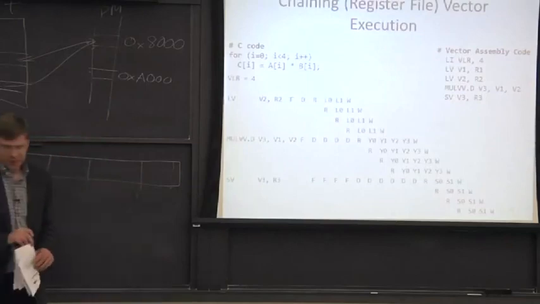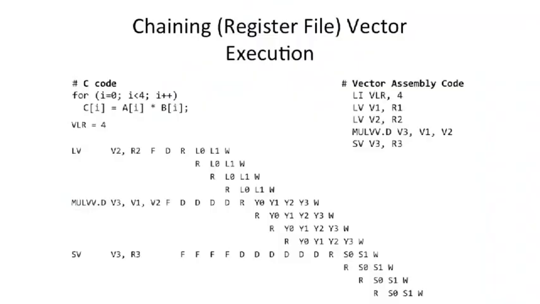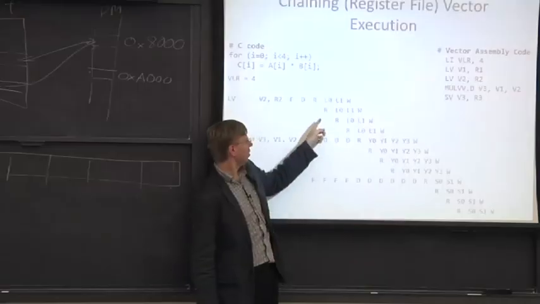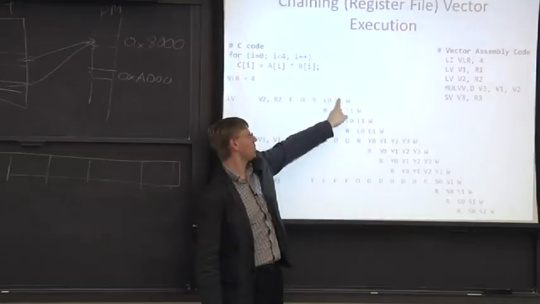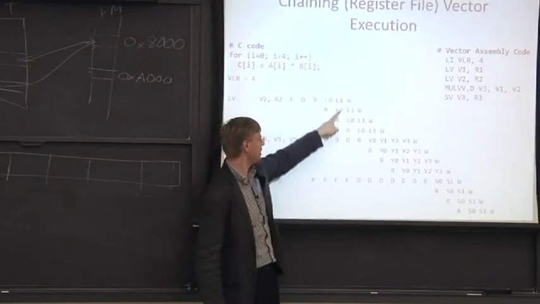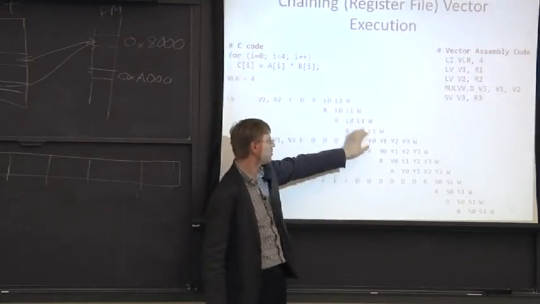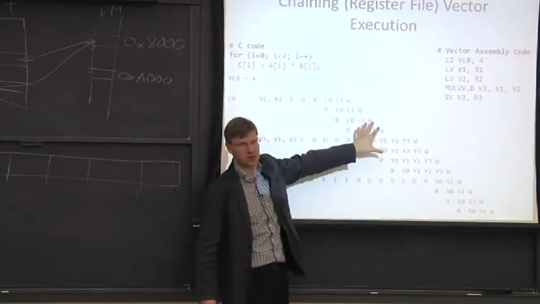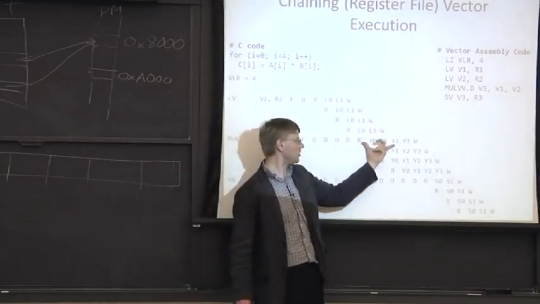So let's look at how this works out here, where we're doing chaining, but through the register file. What I mean by that is we're not going to have a bypass directly from the output here to the read stage. We're going to have to wait for it to write and then read it, but at least we can overlap. In our previous example, we were not even able to do this overlap.